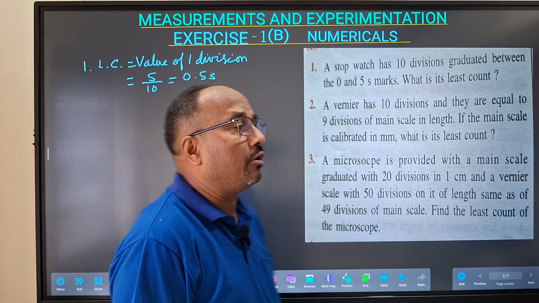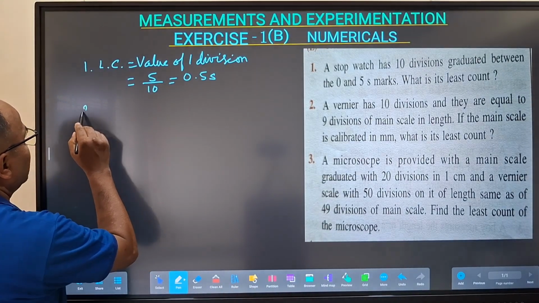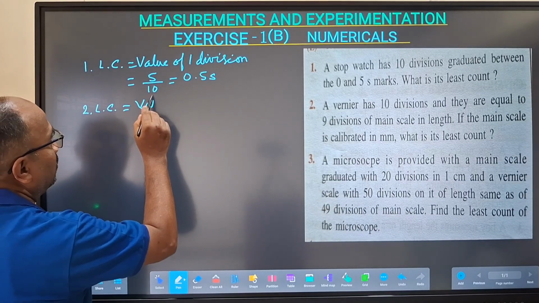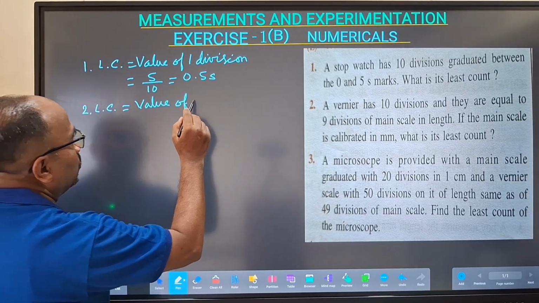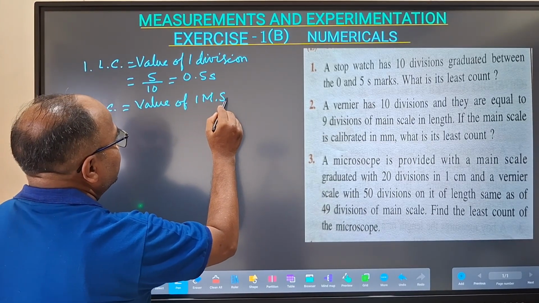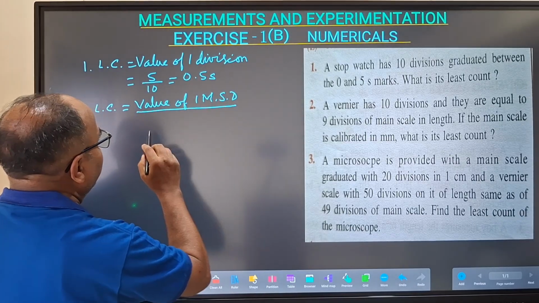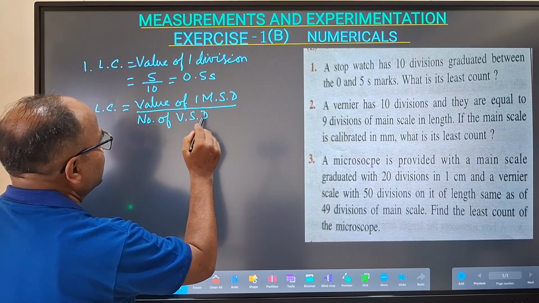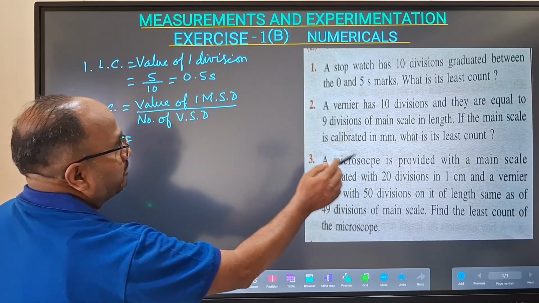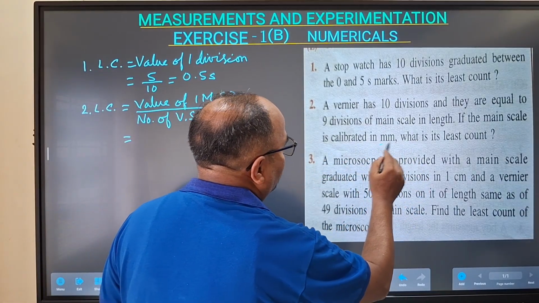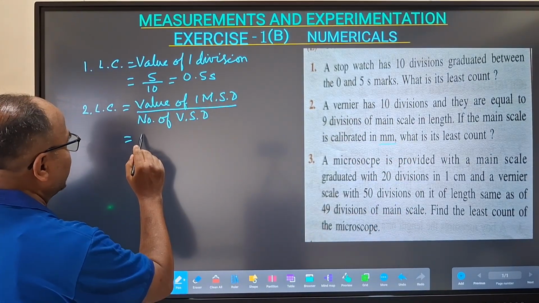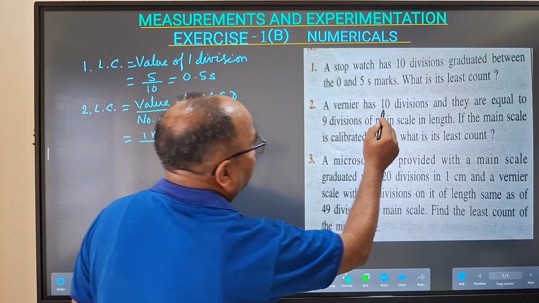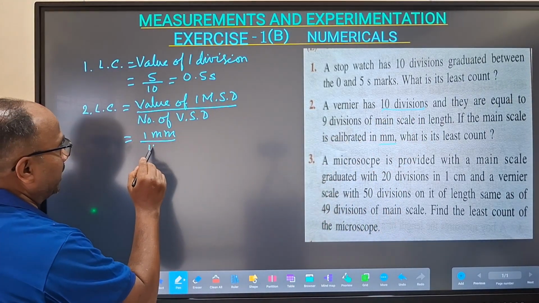So we will apply the formula of least count. Number 2: least count equals value of one main scale division, that is MSD, divided by the number of Vernier scale divisions. We know the value of one main scale division is given, calibrated in millimeter, so it is 1 millimeter, and the number of Vernier scale divisions is given as 10.